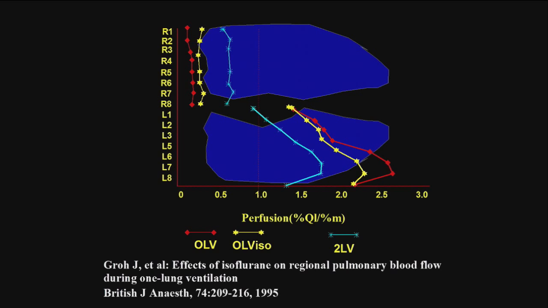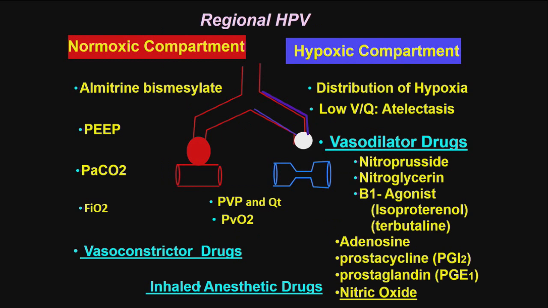So that was kind of an answer that inhaled anesthetics are blamed for part of the hypoxemia that we attribute to HPV.